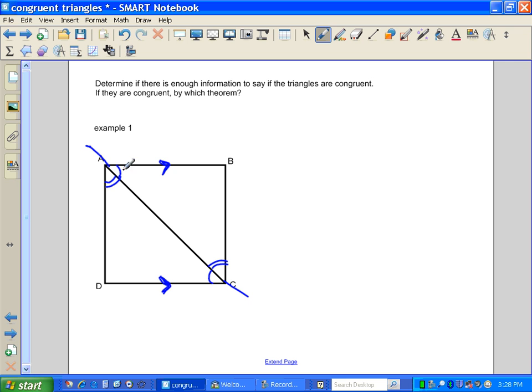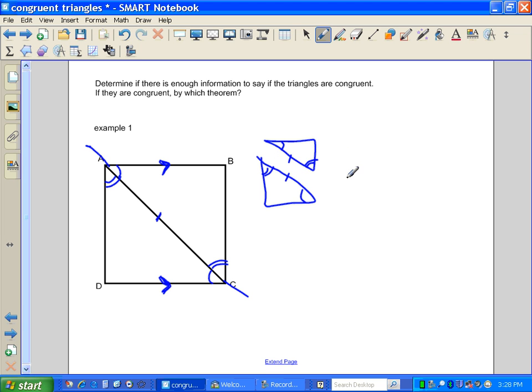So far I have an angle congruent to an angle, and if I look at this line here, this line is part of the top triangle and part of the bottom triangle. So this line has to be congruent to itself. So what we have is the top triangle with those parts congruent to the bottom triangle with those parts.